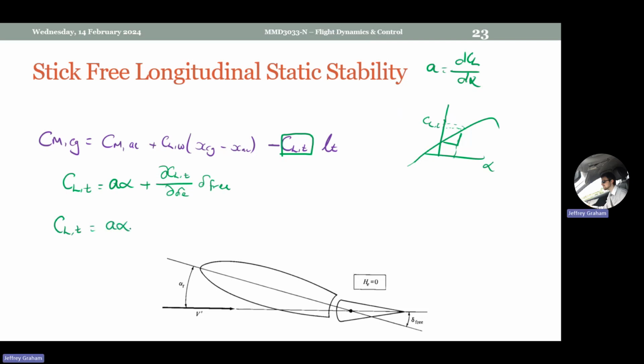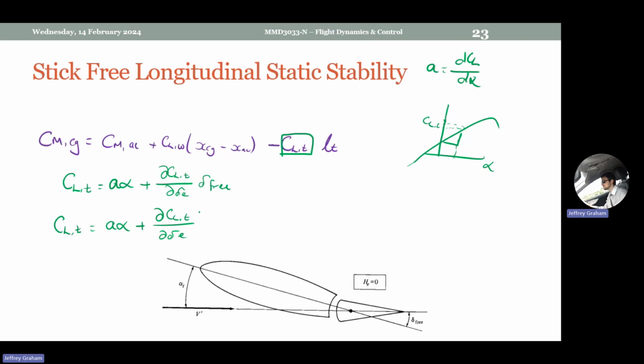Lift curve slope at a fixed angle, A, CL behind the elevator deflection.